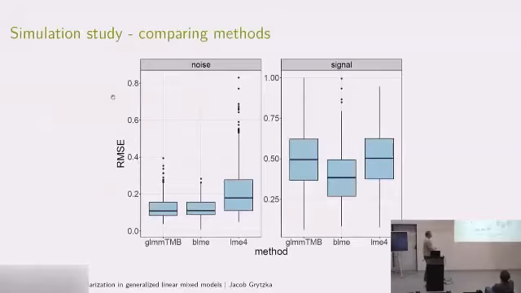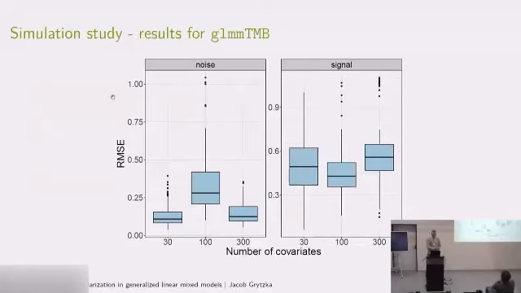When we compare the methods, we see that our packages work better than LME4 for the noise variables, which could be expected because of the penalization. For the signals, it's a little bit overlapping. Then we have the number of covariates.